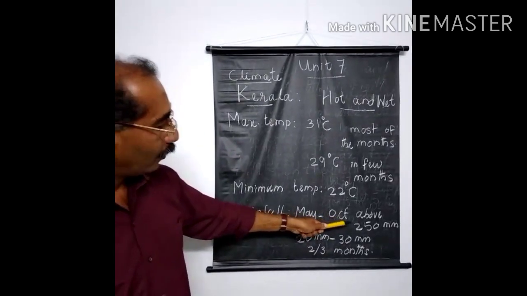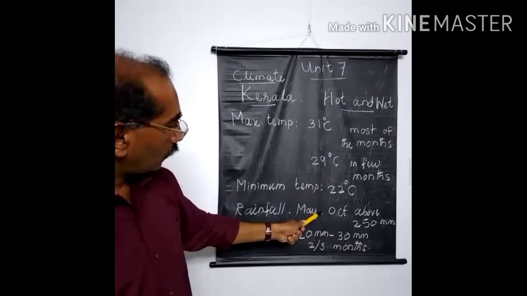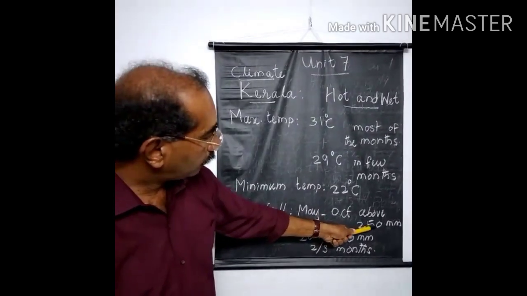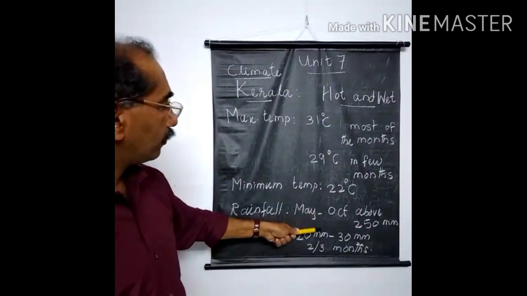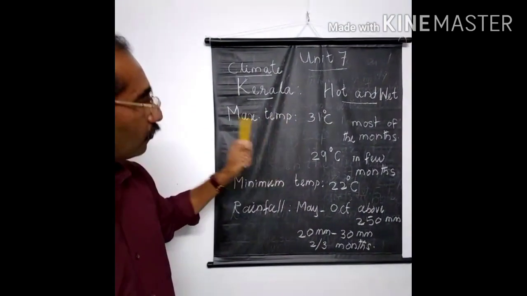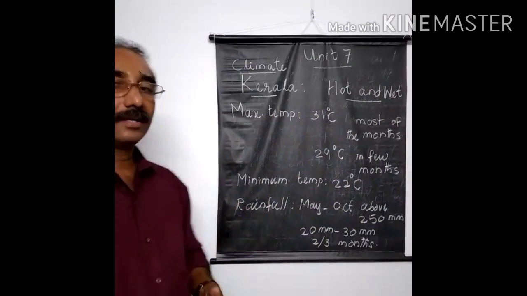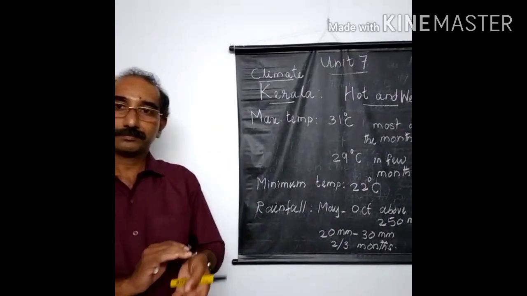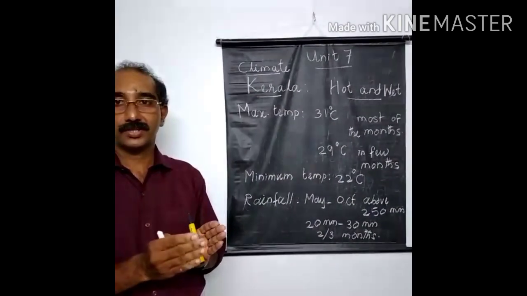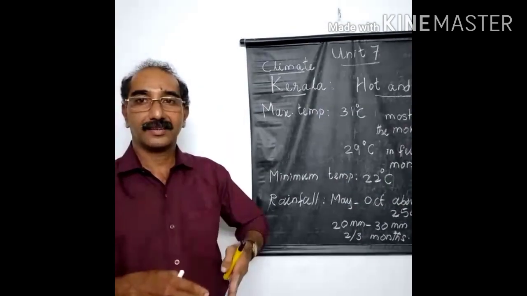On average we get 250 in August, and in July we get 350 to 400 millimeter rain. So plenty of rain is available in Kerala, and temperature is high. This type of climate is called hot and wet climate. So we have seen two types of climate: moderate climate like Kashmir, and hot and wet like Kerala.